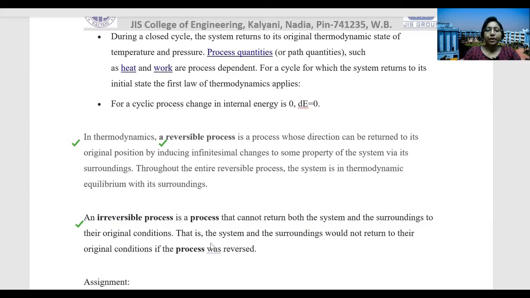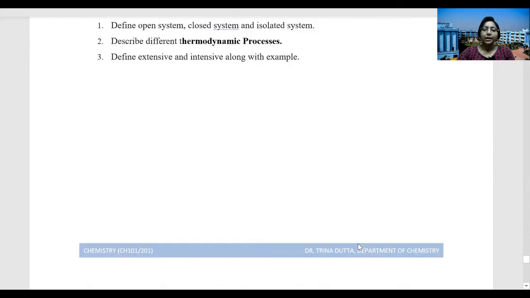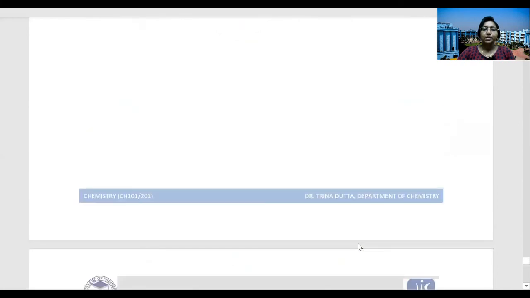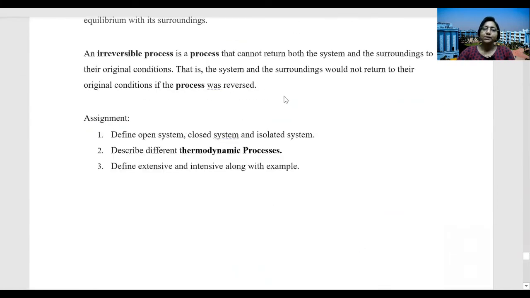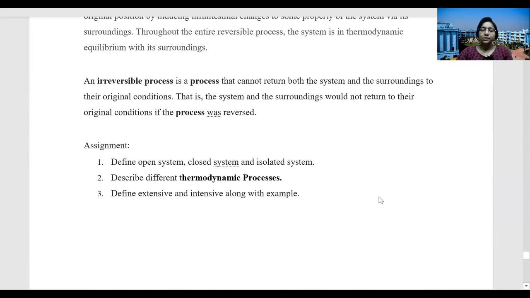It does not come back to its original state, or we have to do extra work to make it reversible. So this is the irreversible process. So you have understood what is reversible process and what is irreversible process.